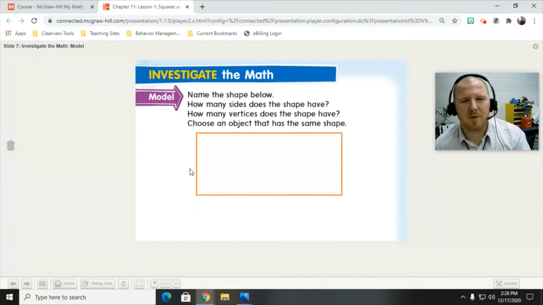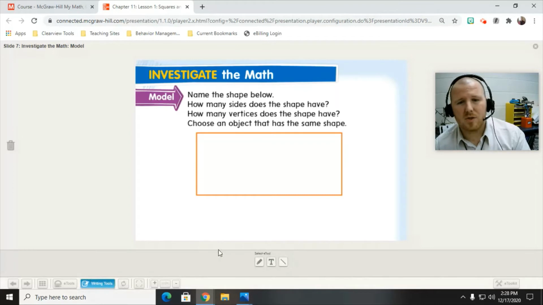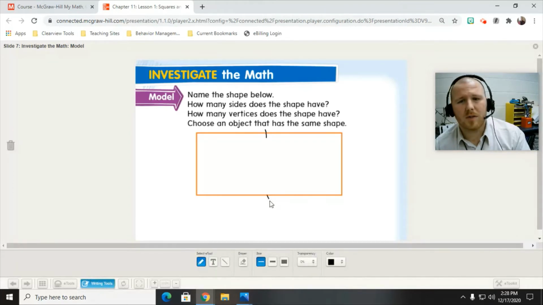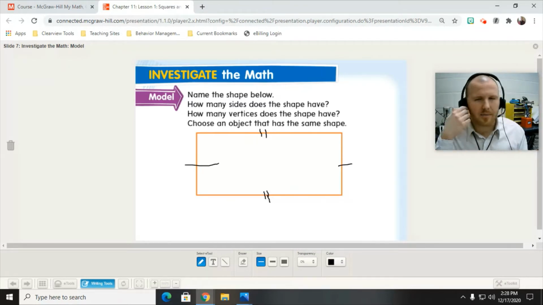Okay, name the shape below. Well, this is not a square because we just did a square. This is a rectangle. How many sides? We know it has 1, 2, 3, 4. Now, the thing that I like to do is to say, well, these aren't all the same length, so you could put 2 lines to show this one is twice as long, or longer, you know what I mean?